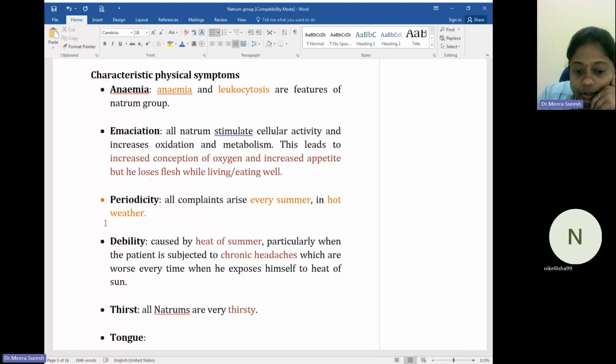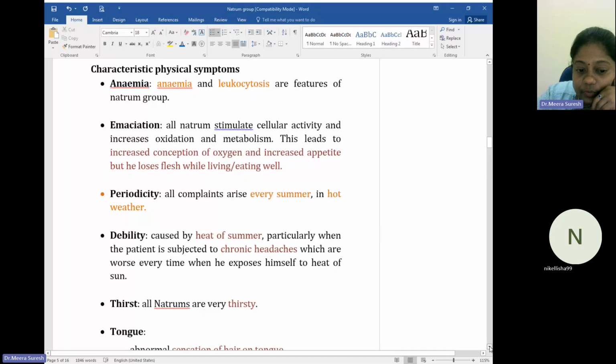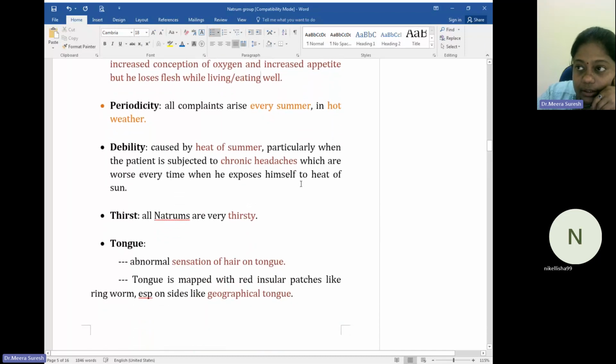So they said every summer, in hot weather, debility is also much seen, and that is due to the heat of summer and chronic headaches, which are worse every time he exposes himself to the heat of the sun. He will be very much debilitated. He wouldn't like to go out in the sun.